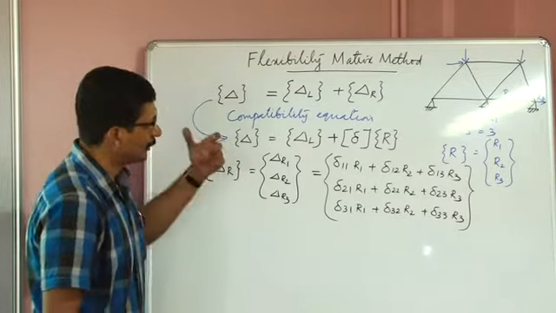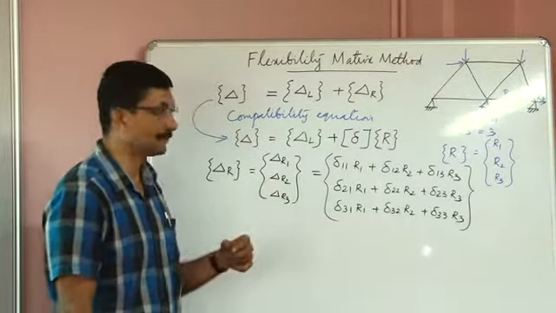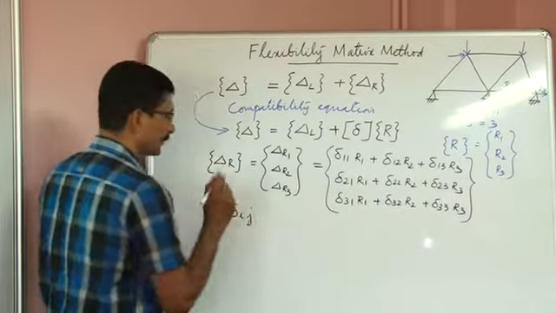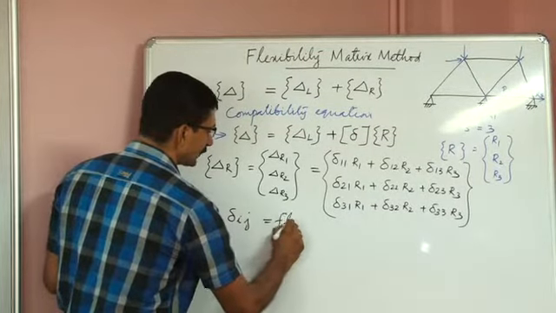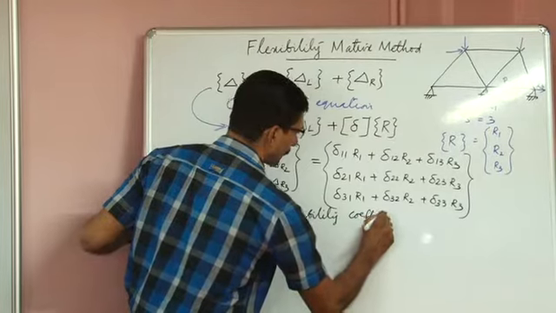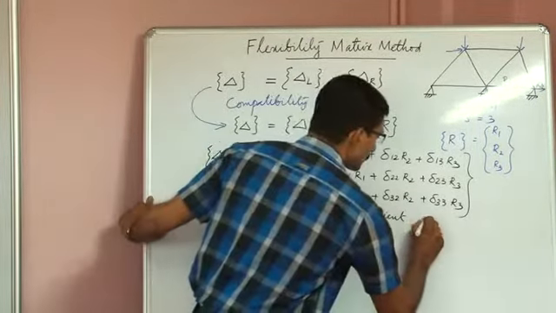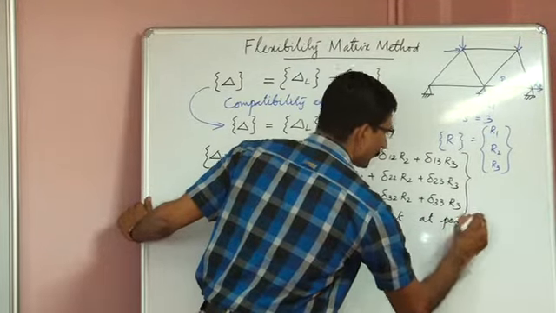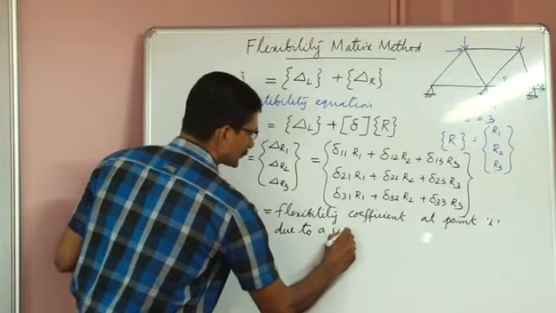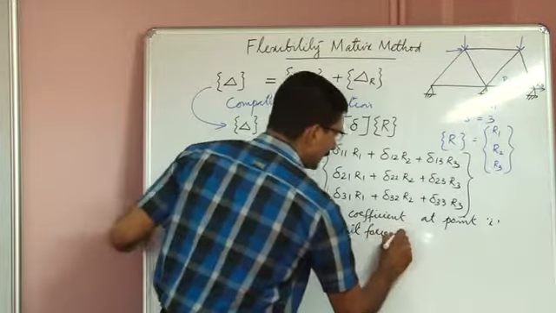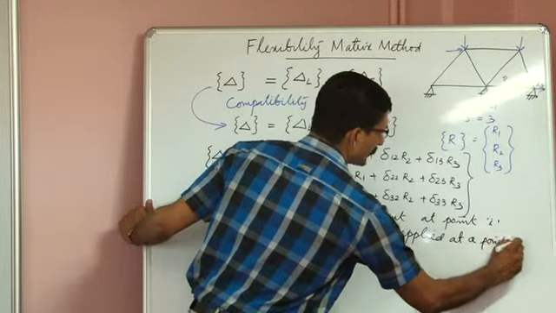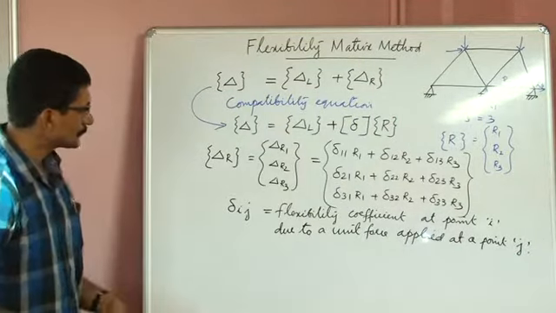Now essentially, if you connect this with the method of consistent deformation in the previous section, you can see that delta 11 or any delta ij will be defined as the flexibility coefficient at, let us say, point or joint I due to a unit force applied at a point or joint J. That is a formal way of telling it.